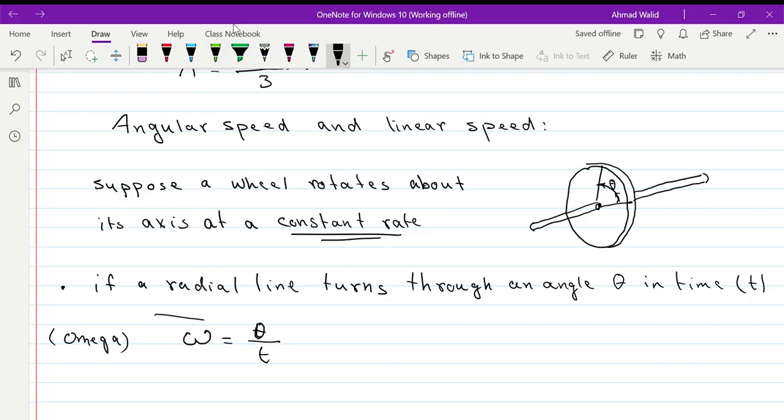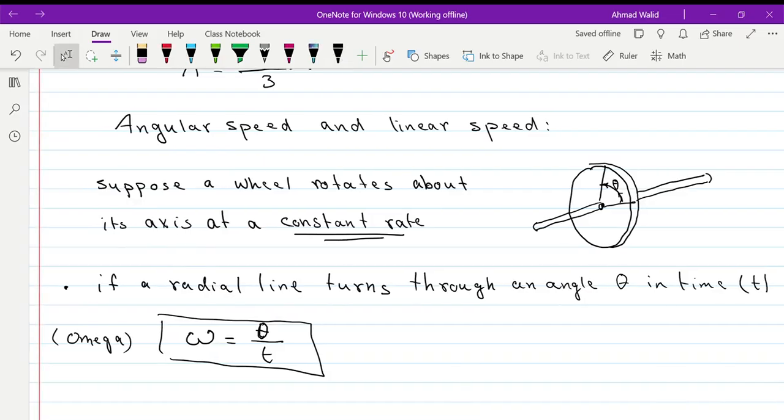That will be the formula for the angular speed. Correct? These are the radials. If it rotates at a constant rate through an angle theta, then your angular speed is omega equals theta over t.